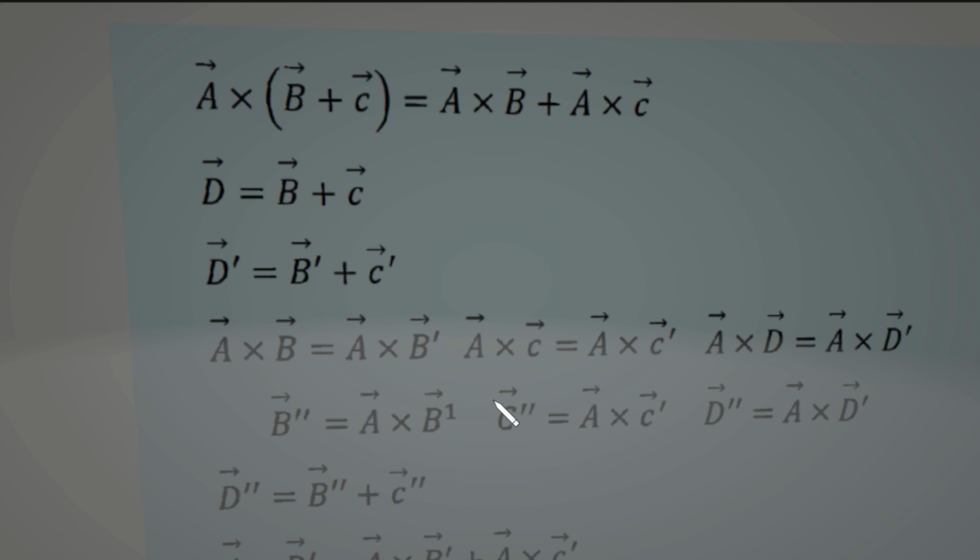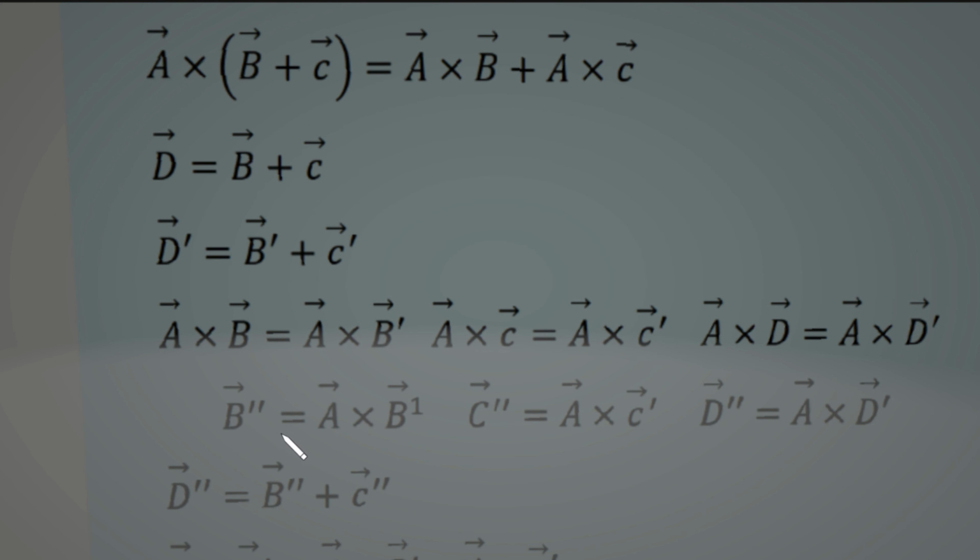Similarly C double prime bar is equivalent to A bar cross C prime bar, that is nothing but A bar cross C bar. Similarly D double prime bar is the new vector, that is the cross product between A bar and D prime bar, that is nothing but the cross product A bar cross D bar.